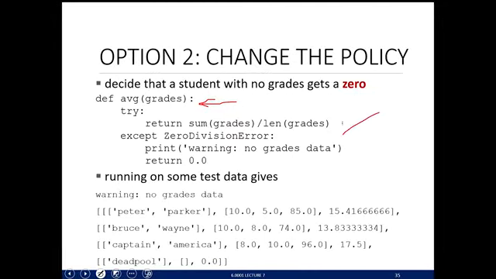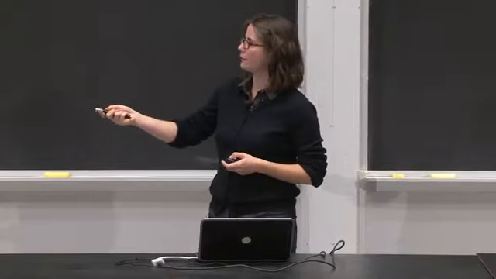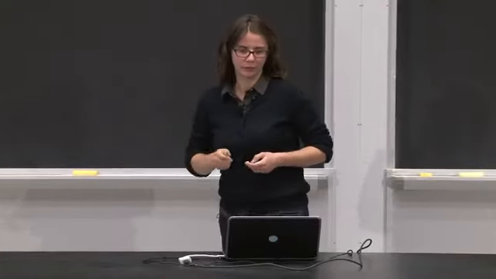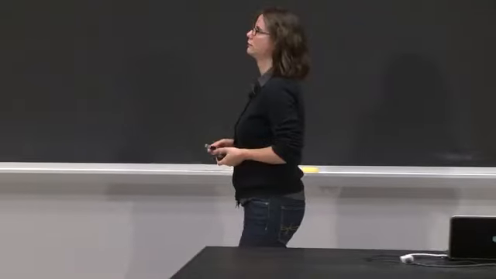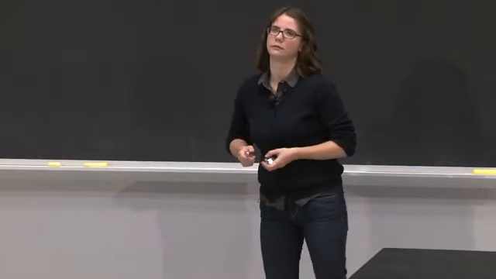This is the exact same thing as before. We have a try and an except for the 0 division error. We also print a warning, no grades data, and then we return a 0. So we still flag the error, and now instead of a none, we get a 0 because we've returned 0.0 here, as opposed to just leaving it blank.